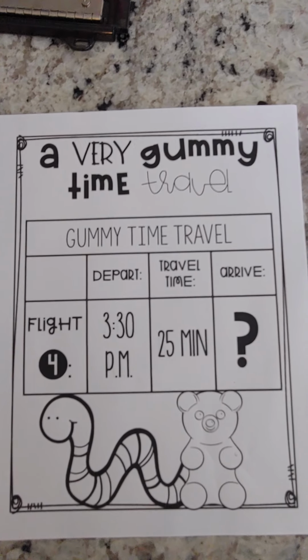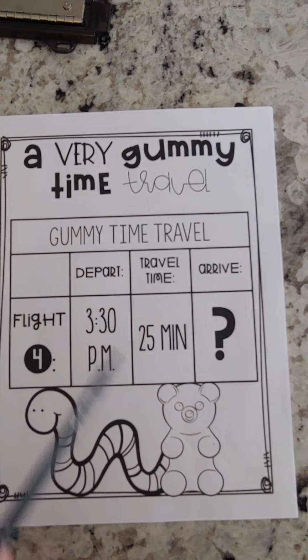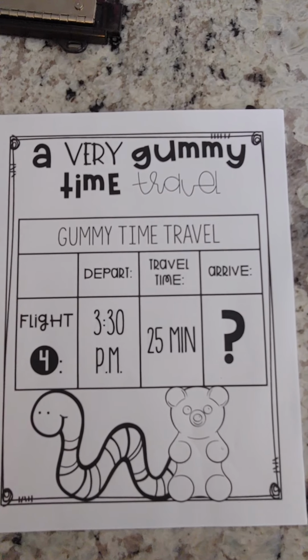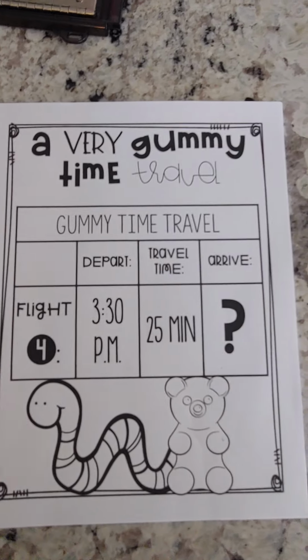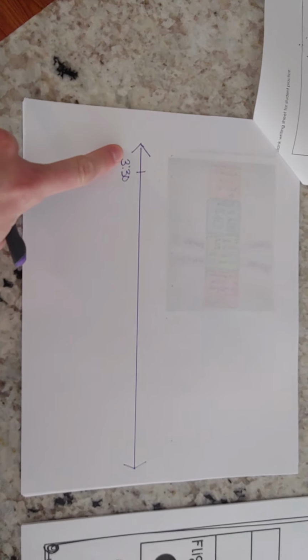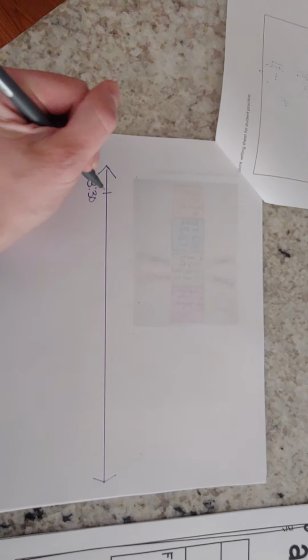So my next problem, number 4, says that the plane departs, remember that means leave, at 3:30 p.m. and it'll take 25 minutes to get there. We're trying to figure out what time the plane will arrive. So I will draw my number line and I put the starting time, which is 3:30, and then I'm going to jump 25 minutes.